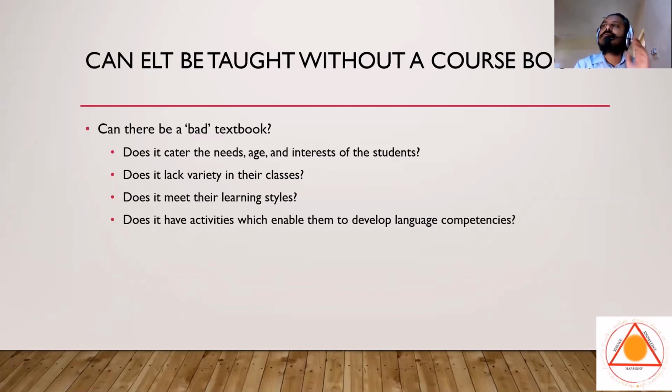So it's not just writing a book that is a very crucial factor in academic life, but it should focus on needs, age, interest of the students, variety of difficulties for the classes, hard, easy, and easier, or maybe advanced, intermediate, and elementary, and learning styles, audio, visual, and tactile, or a combination of that, and developing linguistic competencies. If a textbook can do these functions, then it stands a good chance to be recommended in the ELT class.